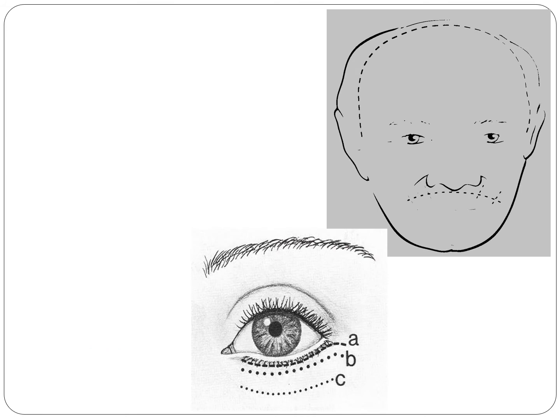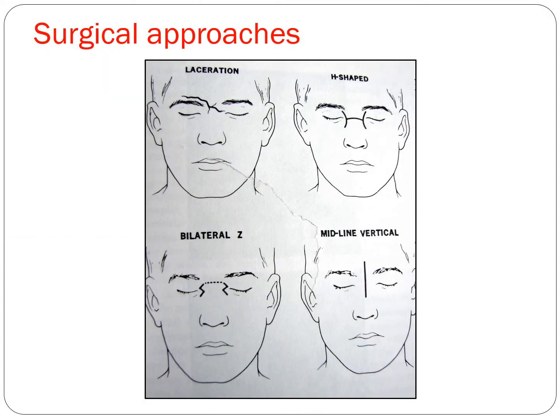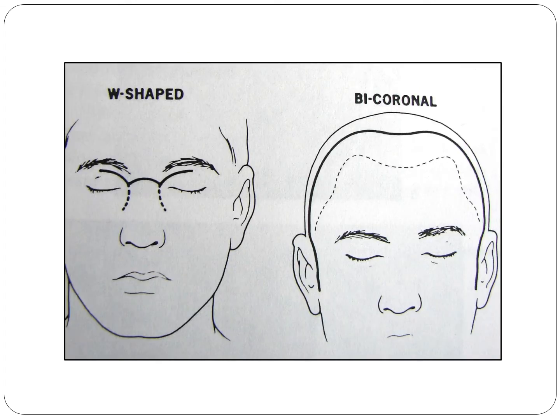So these are the incisions: transconjunctival incision and canthal incision placed in the lower eyelid. Bicoronal incision, it is called bicoronal degloving of the face. Then through the laceration, H-shape incision, bilateral, midline vertical incision, W-shape, and the bicoronal incisions.